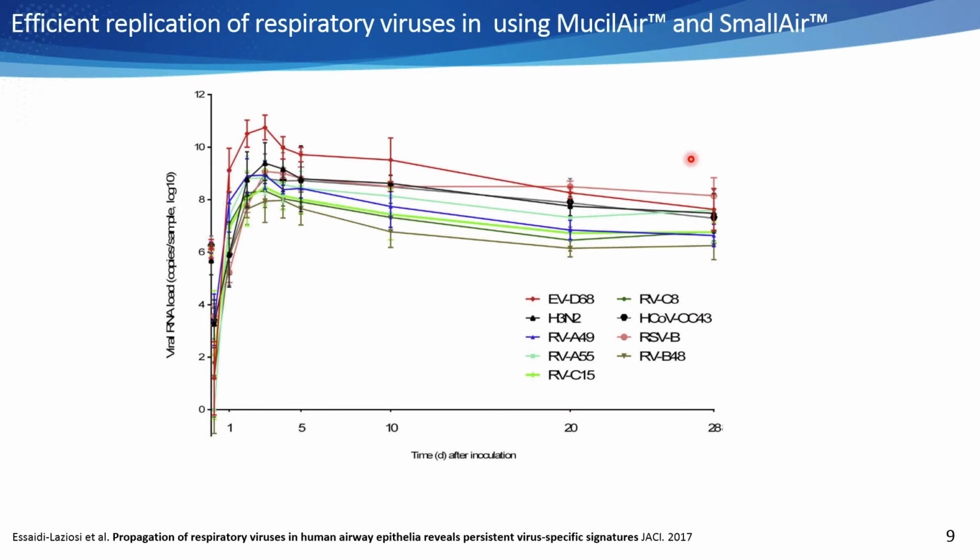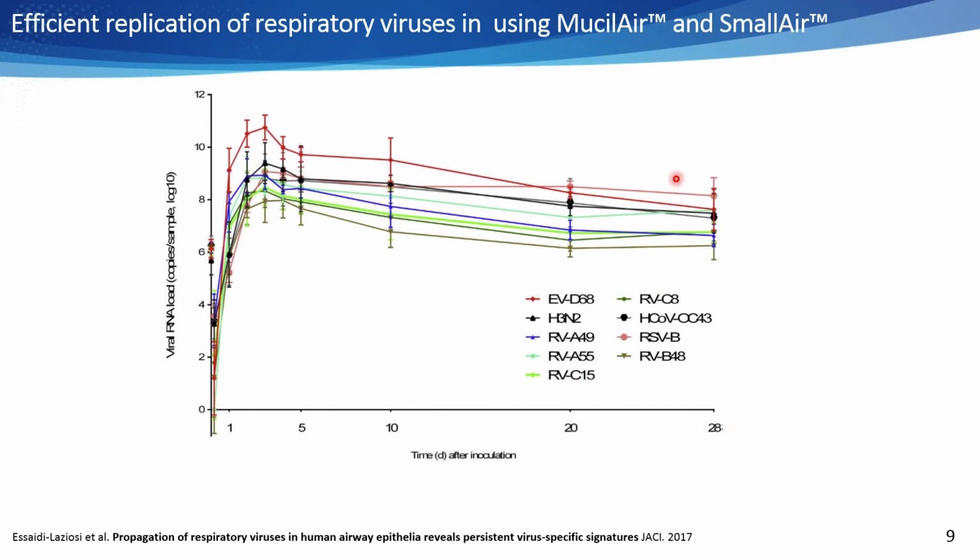The first thing was that we have an efficient replication of these respiratory viruses on these models. And even very difficult to grow viruses, which could not be replicated, for example, in some animals or in some cell lines, could be very easily replicated in this non-modified human primary airway epithelium, such as, for example, rhinovirus C15, and they could be replicated for really long periods.